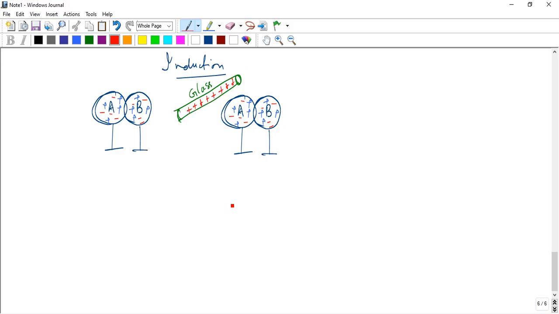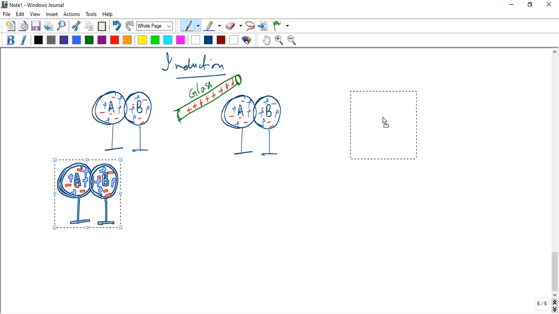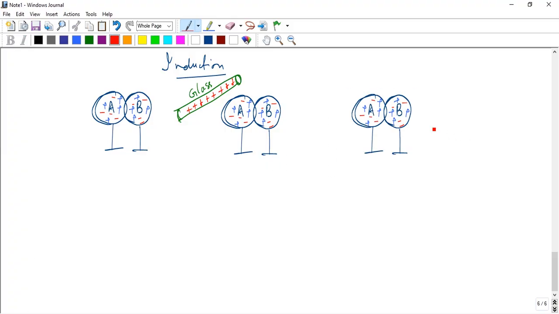The glass rod does not touch; there is a gap.